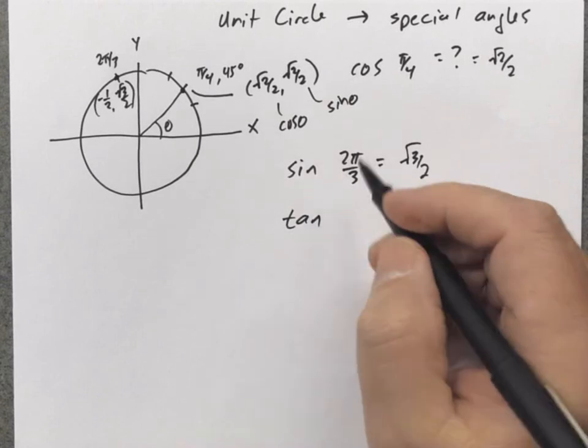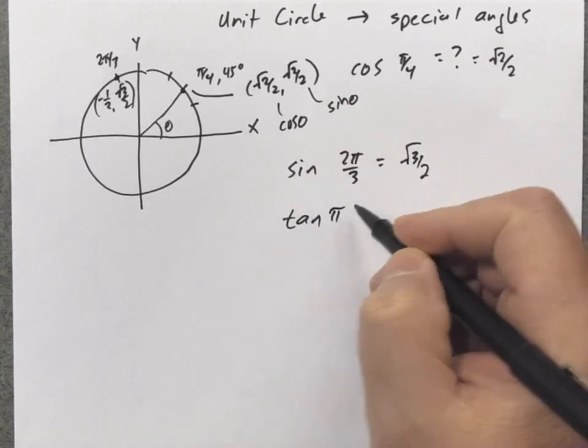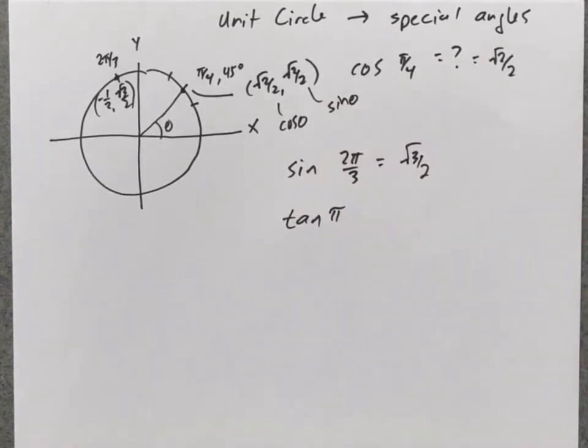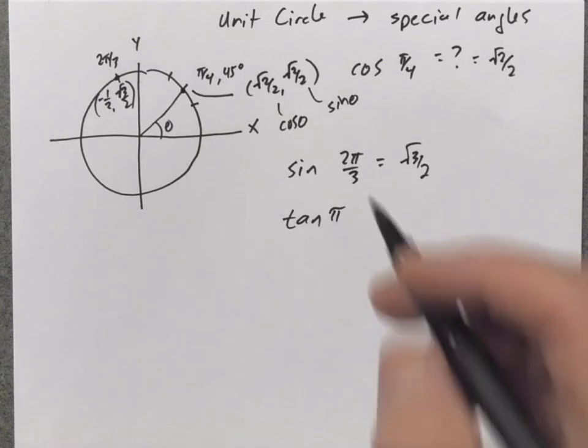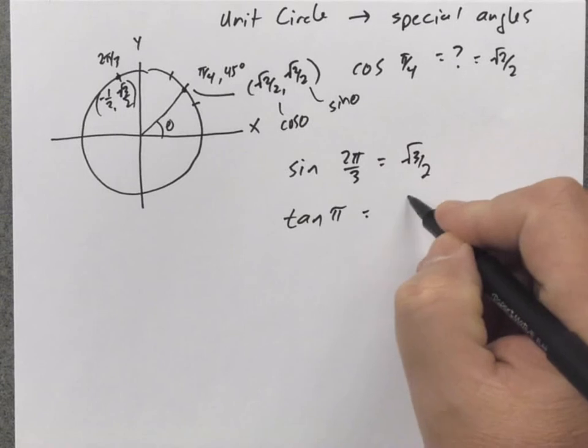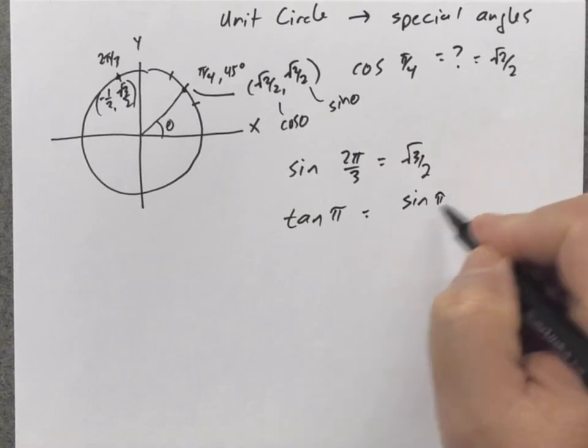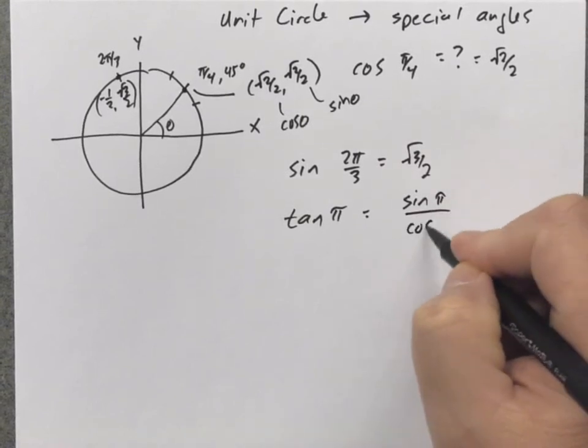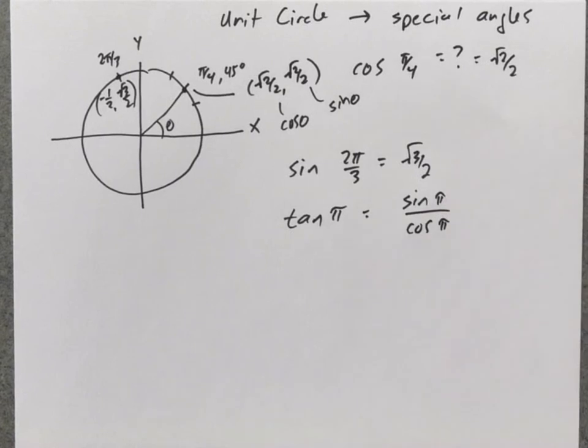What about tangent of pi? Now the unit circle, each point gives you cosine and sine. It's nothing about tangent. But the key is, remember this key relationship. We can always rewrite tangent as sine over cosine.